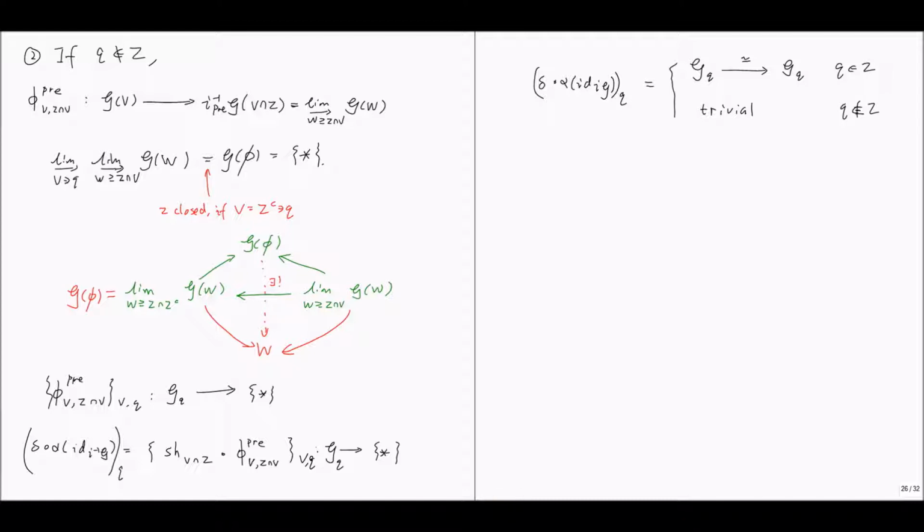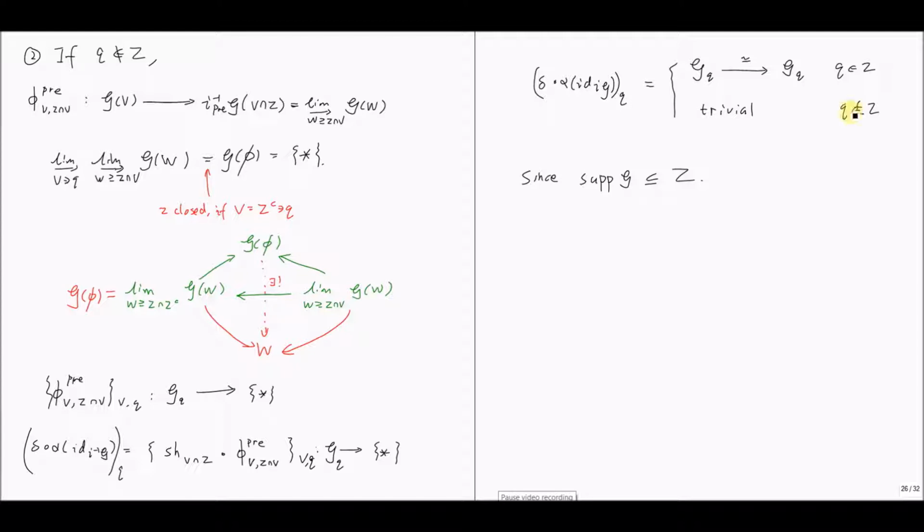However, in this exercise, there's an extra condition. Since the support of G is contained in Z, if Q is not in Z, Q is not in the support of G, so we can combine these two cases.